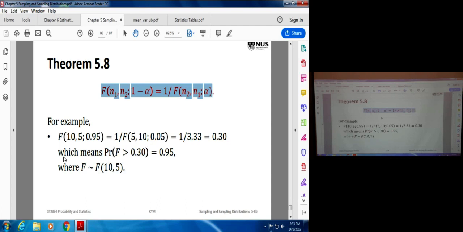Basically, it gives you a formula to flip from one to the other, if that helps. That's all it is.